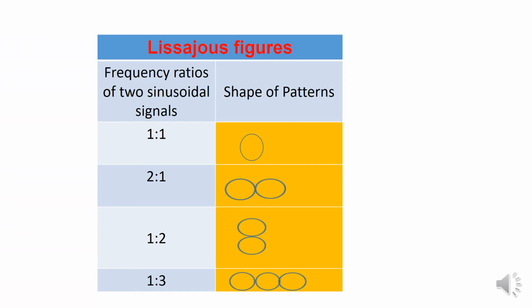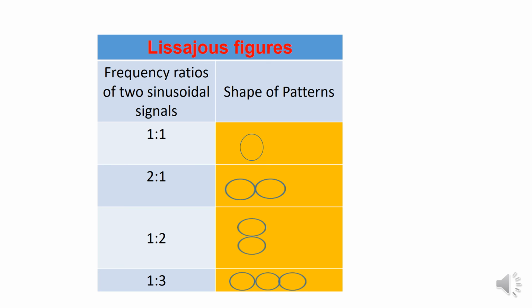Similarly, these types of Lissajous figures you can have depending upon the ratio of the frequencies from the two function generators. If the ratio is 1 to 1, that we have seen, a circle is there. If 2:1, two lobes are there. The direction depends upon the frequency selection.